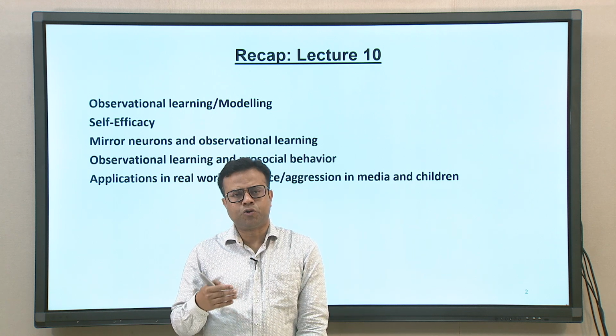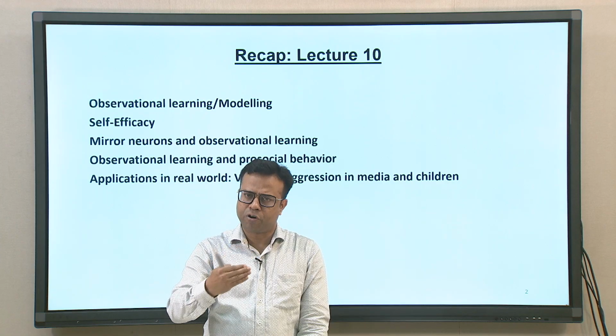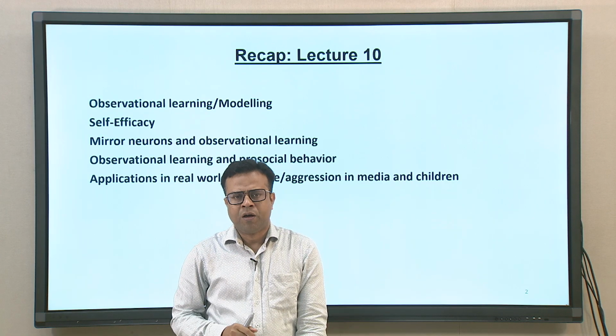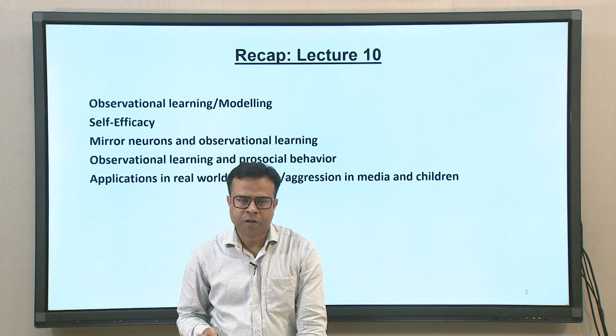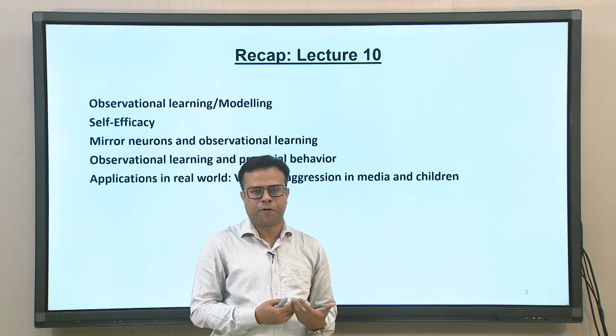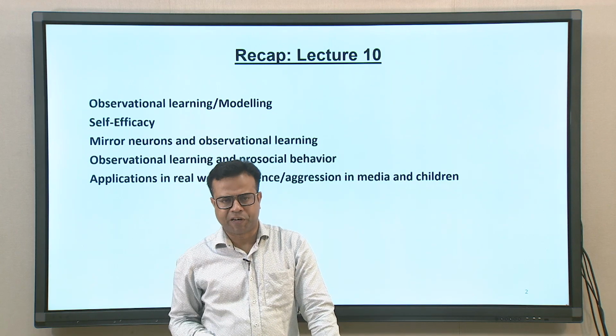We also discussed the different aspects of observational learning, what steps and mechanisms are involved, and the role of self-efficacy. We discussed mirror neurons and their role in observational learning from the neurological perspective.